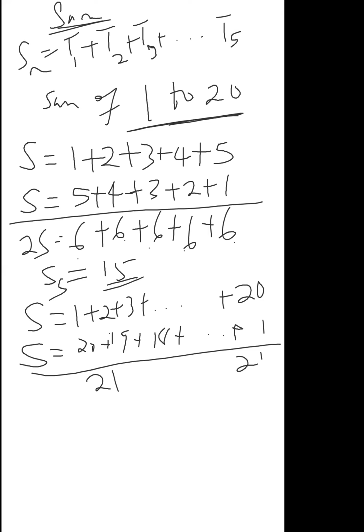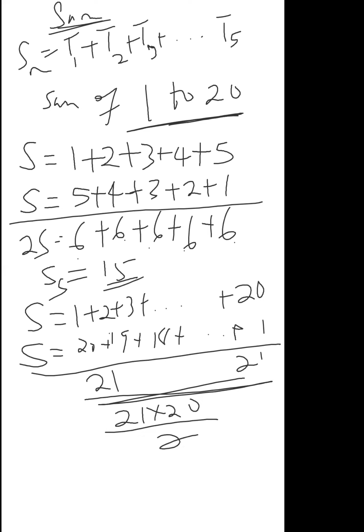So my answer will be 21 times 20 over 2, because this one has become 2S. So my 2S can be said to be 21 plus 21 plus 21 in 20 places. That's why I have 21 times 20. But because that is 2S, for me to get S, it will just be what?